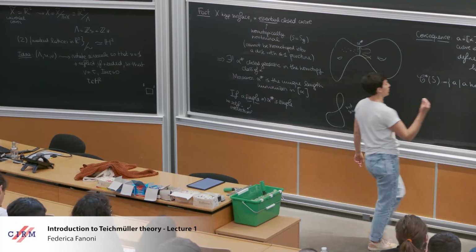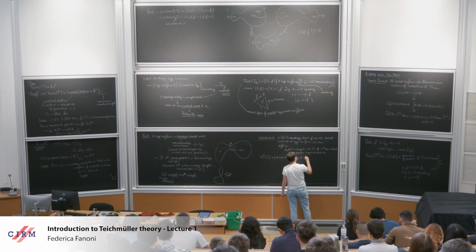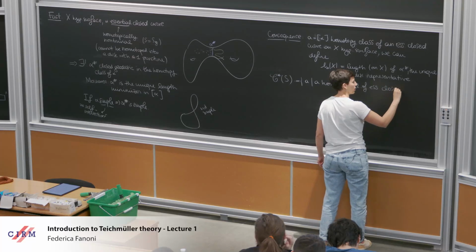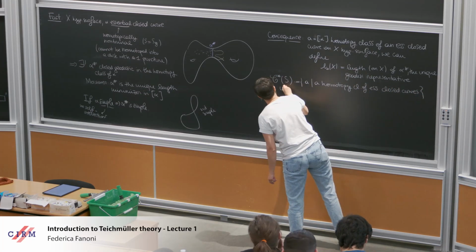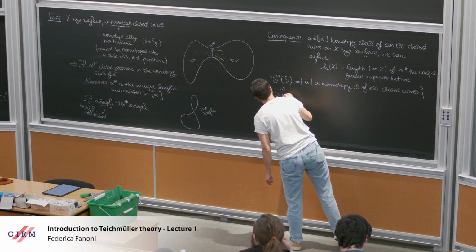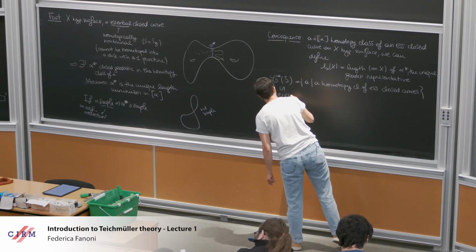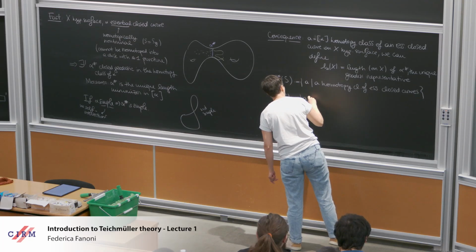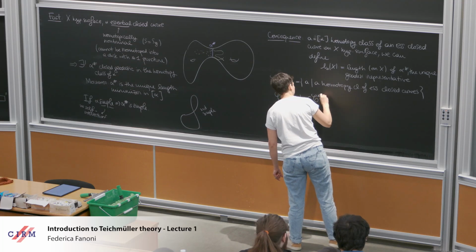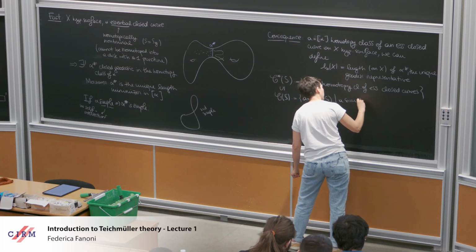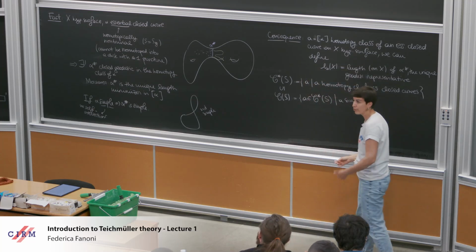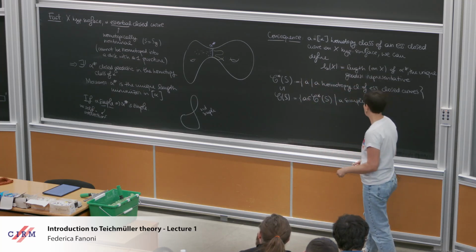So, homotopy classes of essential closed curves, and I can look inside at the ones that are simple. Here I mean that the homotopy class is simple if there is a simple representative.